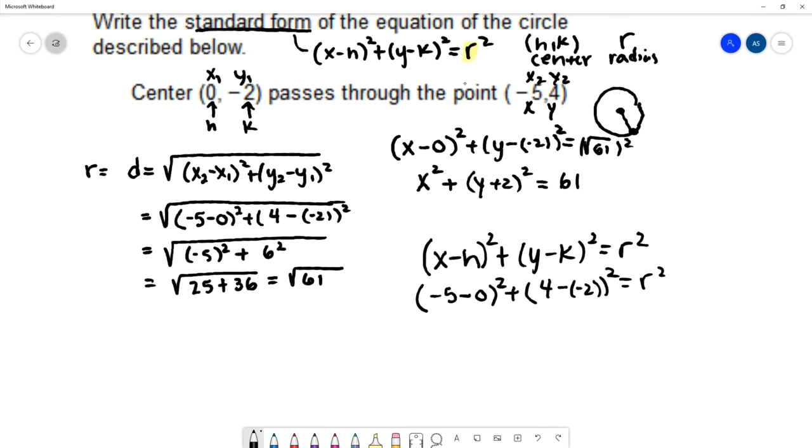We've got negative 5 minus 0 is negative 5. 4 minus a negative 2, that's 4 plus 2, which is 6.